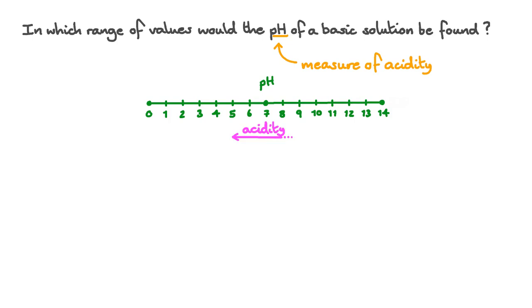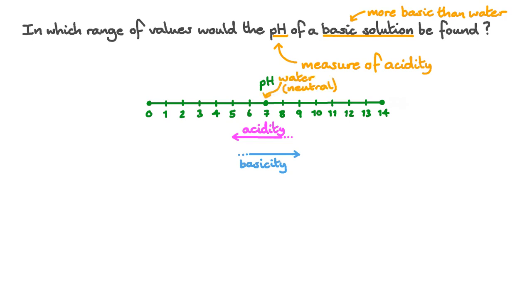The acidity of a solution increases as its pH decreases, and a solution's basicity increases as its pH increases. We describe any solution whose pH is greater than the pH of pure water as a basic solution. Pure water at 25 degrees Celsius has a pH of 7, and we consider this neutral. So any solution with a pH greater than 7 is basic.